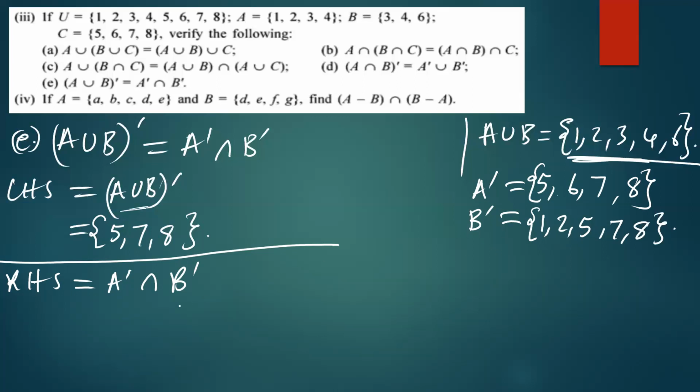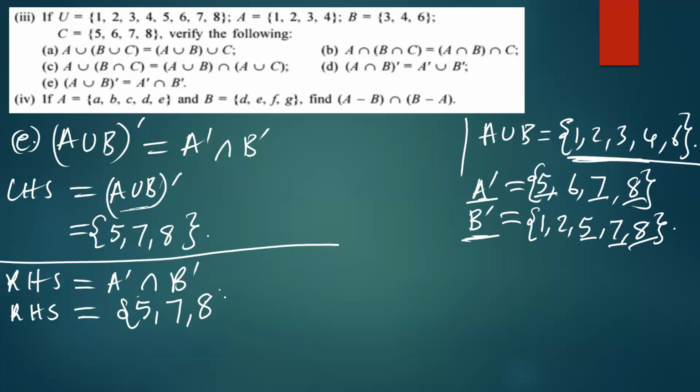So we find the intersection between A complement and B complement, meaning we look for the common elements between them. The common elements: we have 5, we have 7, and we have 8.